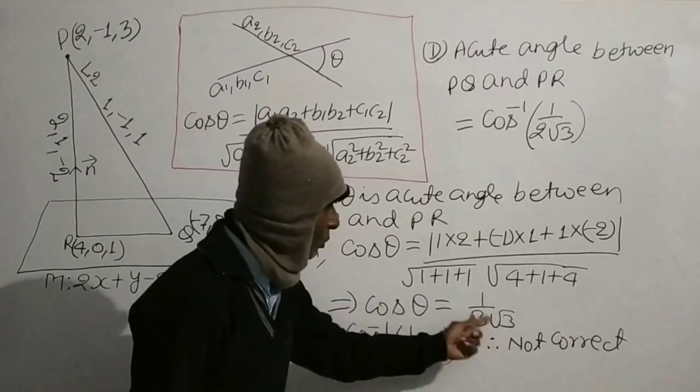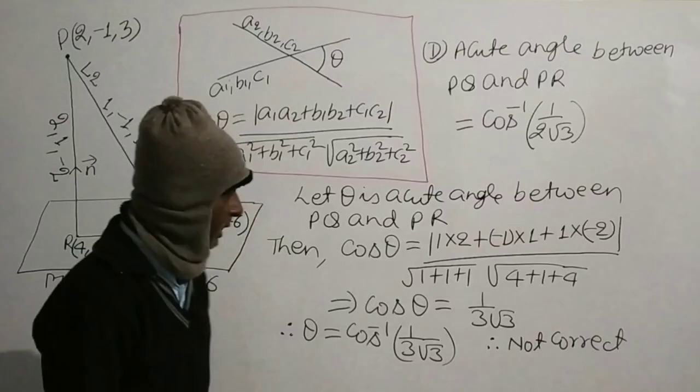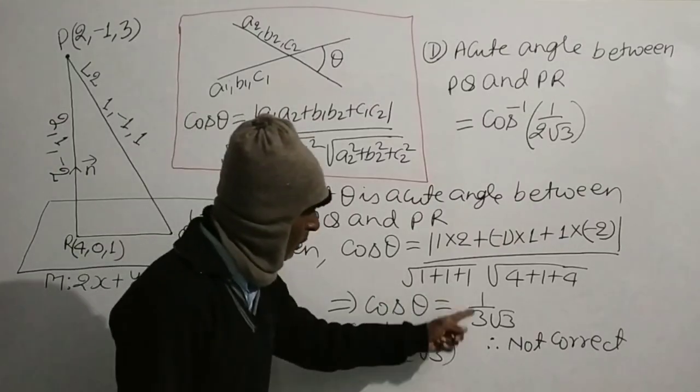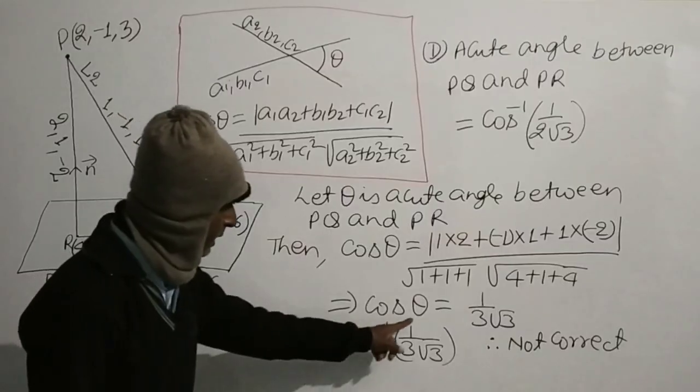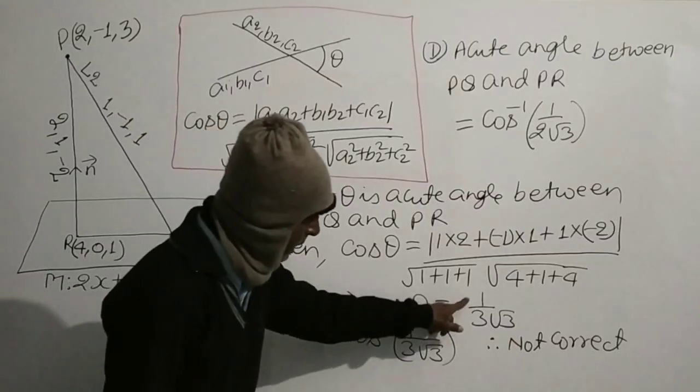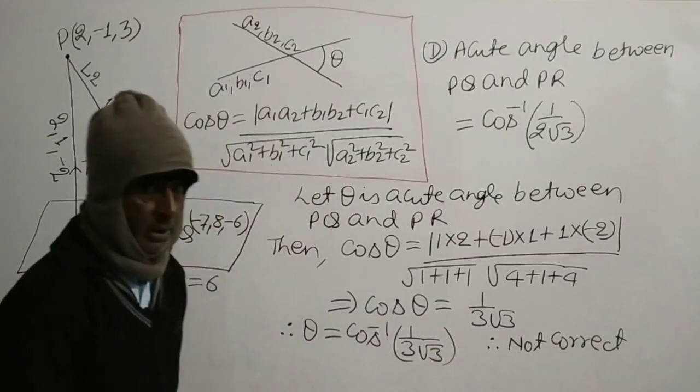This is equal to 1/3 root 3. If cos theta is equal to 1/3 root 3, then theta will be equal to cos inverse 1/3 root 3.